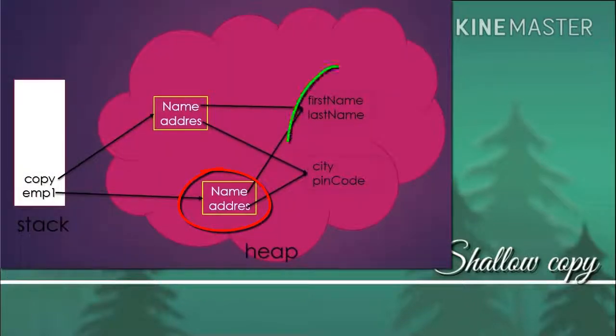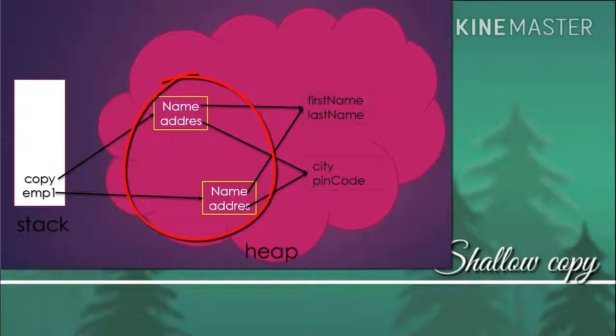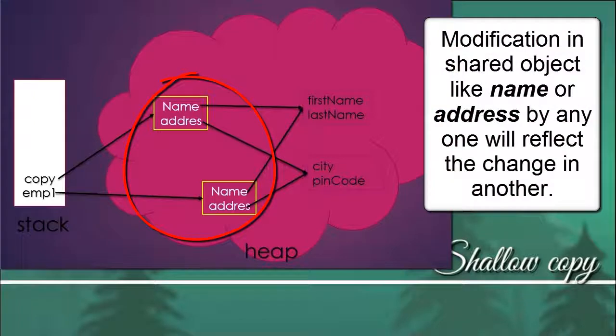That is, the main object is copied, but the inner component objects are shared between the original object and its copy. In this case, the original object and its copy are not independent. If the shared inner object is modified through either the original or its copy, the change will be reflected in the other one also.